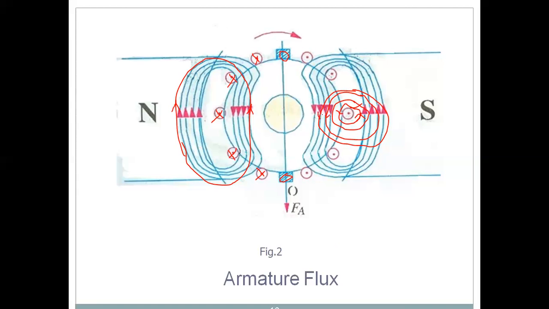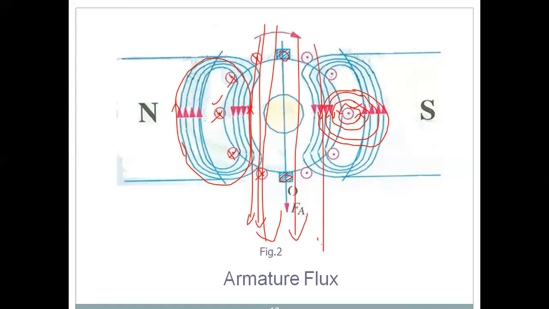Due to that, the left side portion of this conductor is downward direction. The right side portion of this conductor is downward direction. That's why the flux in the armature core is in the downward direction. And the magnitude is FA.